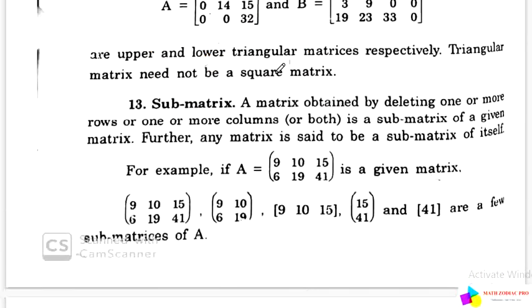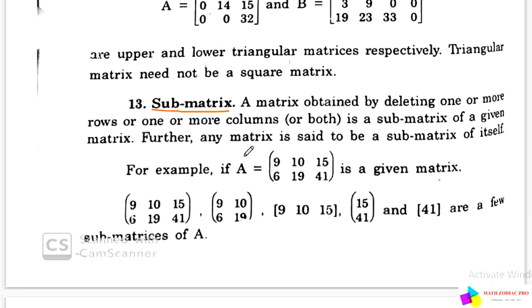Next one is submatrix. A submatrix is a matrix obtained by deleting one or more rows or one or more columns of a given matrix. Any matrix is said to be a submatrix of itself. Here is an example: A equal to 9 10 15, 16 19 41.